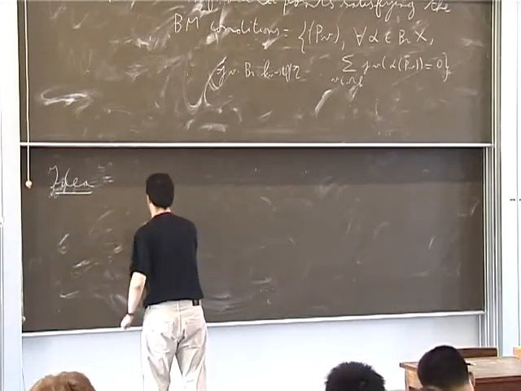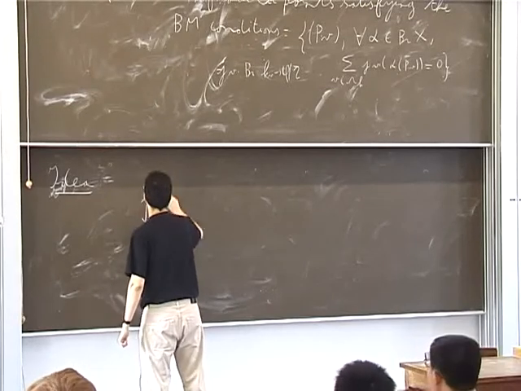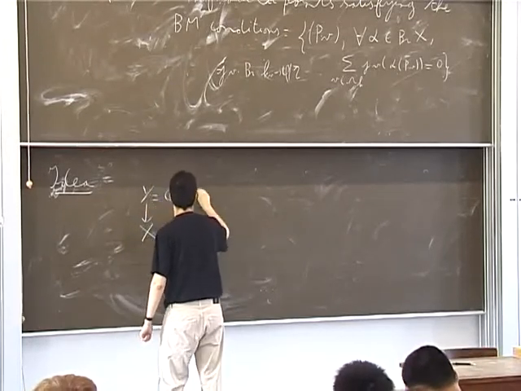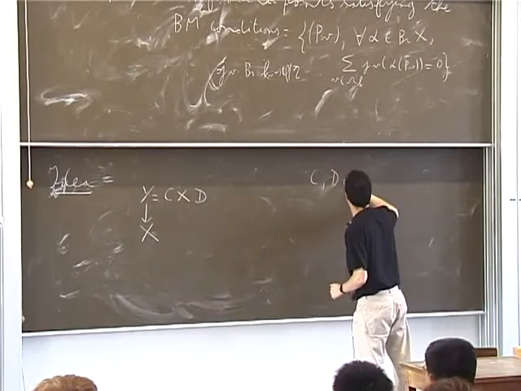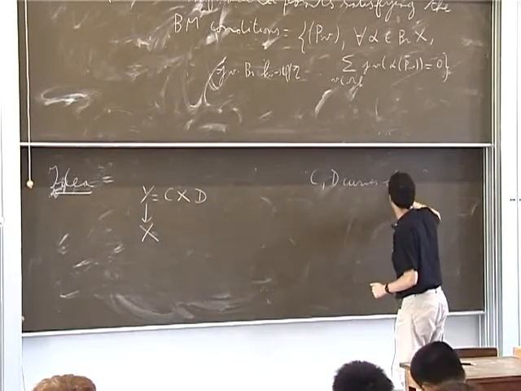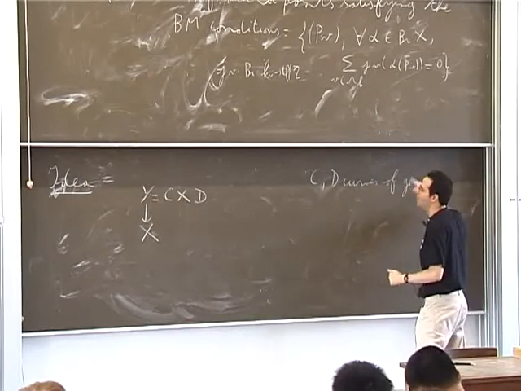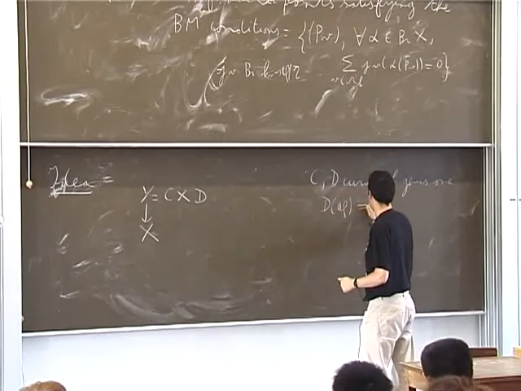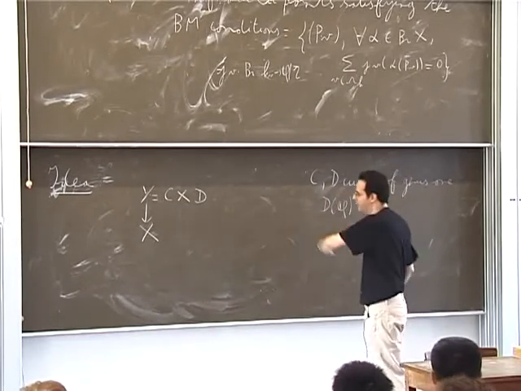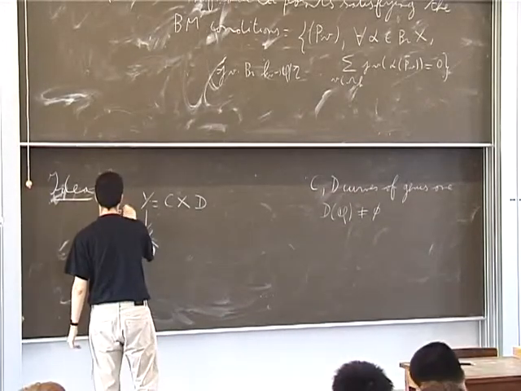You have this Y, which is a product C cross D, where C and D are curves of genus 1, and D has a point, but C has not. This is a Z/2 covering.